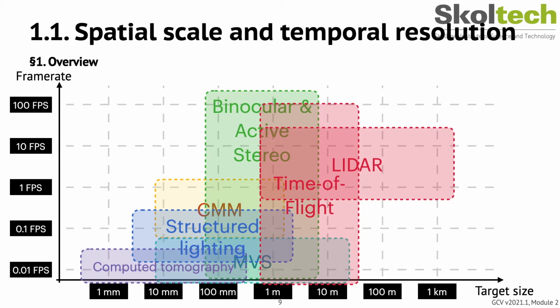The slowest sensors are computed tomography and coordinate measuring machines that are able to deliver one measurement of an entire object in minutes, if not hours. Time of flight, LIDAR, active stereo, and some variants of structured light systems are able to capture depth images at 30 to 100 fps.